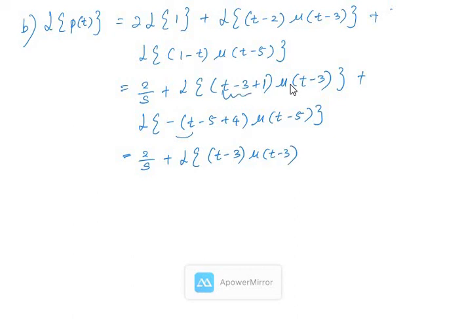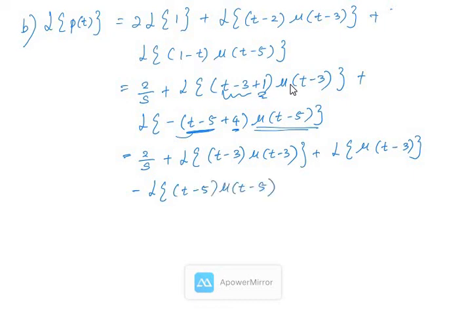Then minus, we take out the negative, so it is minus the Laplace transform of (t minus 5) u(t minus 5), minus 4 times the Laplace transform of the unit step t minus 5.